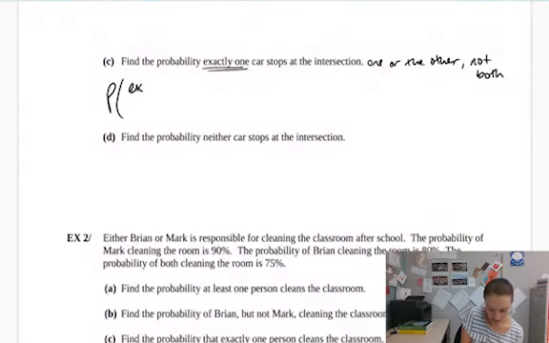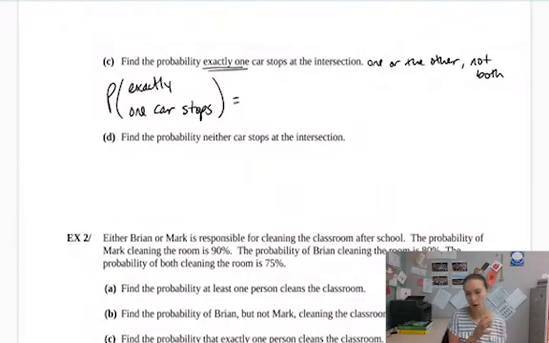So exactly one car stops. So this means that one stops or the other, but not both. So if you look back at your table, I could have the 20% of A stopping but B not stopping, or the 30% of B stopping and A not stopping, but I can't include the both. So it's like the addition rule, but thinking about it like a disjoint. We don't want to include the both.